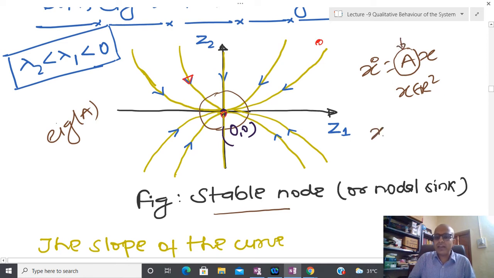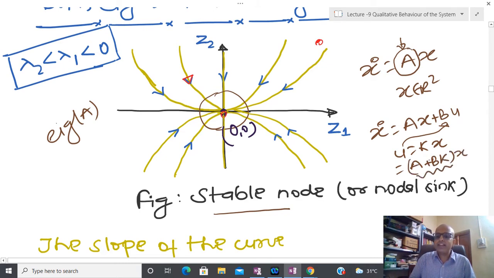Suppose you have a system x dot equals Ax plus Bu, and you design u equal to Kx. After that you can do the same kind of analysis, because your system is now x dot equals (A plus BK)x. You just check the matrix A plus BK, and if both eigenvalues are negative, then I can claim that the equilibrium point of the system is a stable node, also called a nodal sink. Anyone has confusion on this?